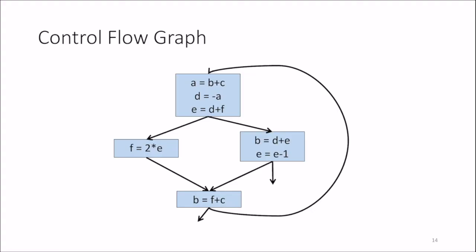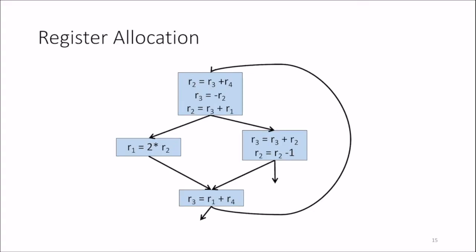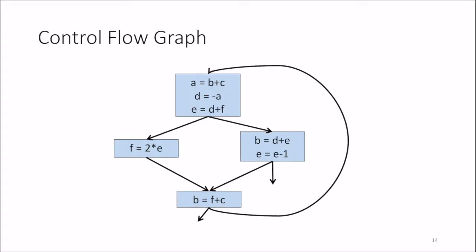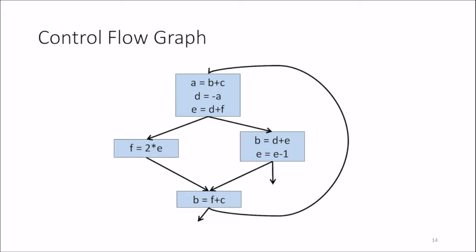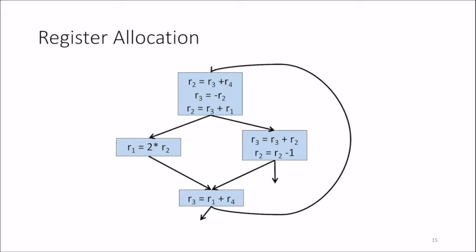Let's take this example we saw before again, and we compute the coloring. So now we have A, B, C, D, E, and F as these locations. Then what we can do is take this assignment of A to R2, F to R1, etc., and replace every variable here with a register.